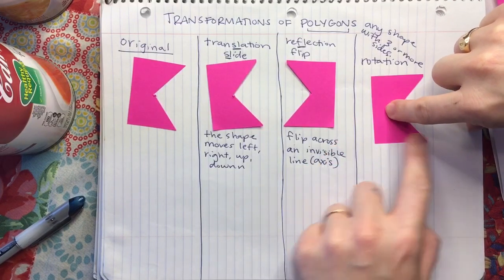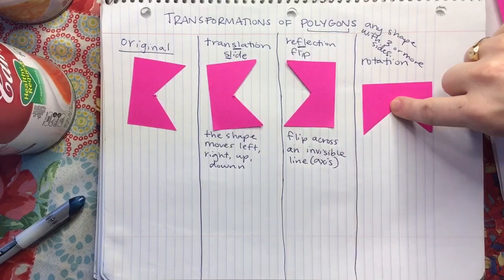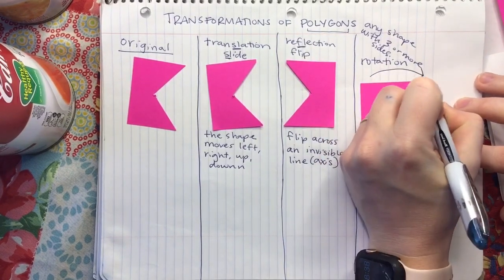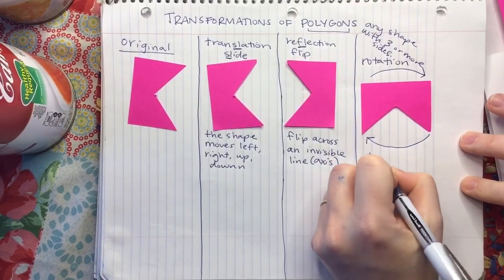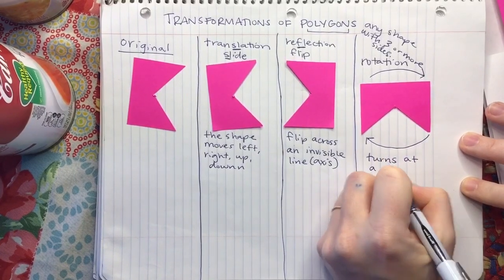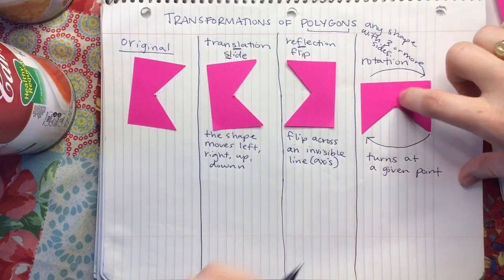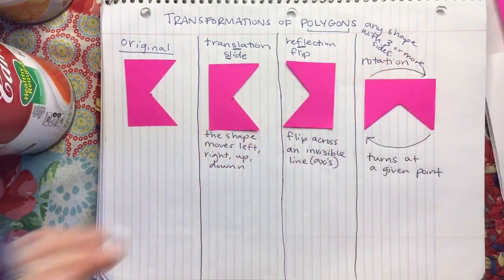Okay? So here's my original, and I'm just going to rotate it. I'll rotate it there. So rotation, all we're doing is turning. So this turns at a given point. And that point would just be where I held my finger. So my shape has just rotated.